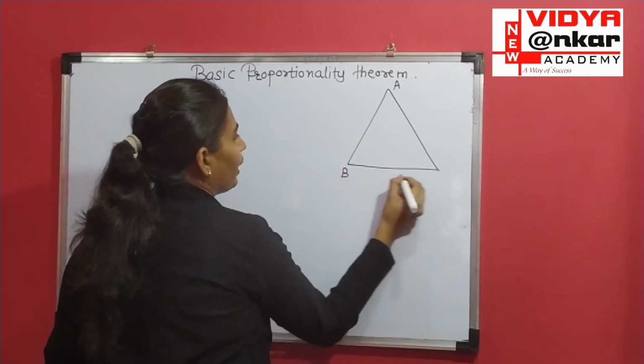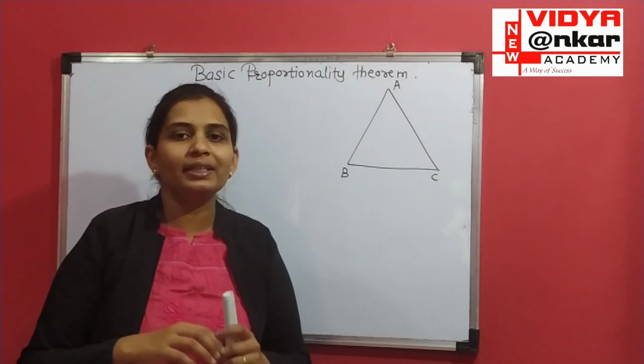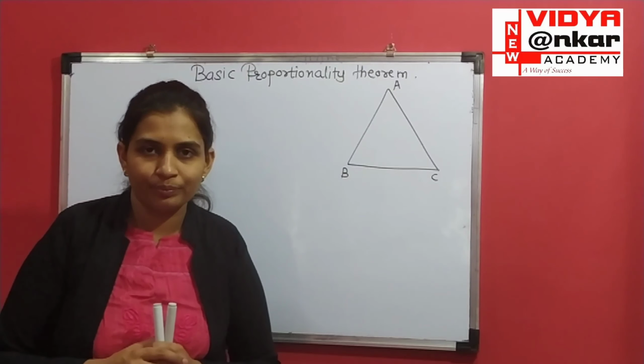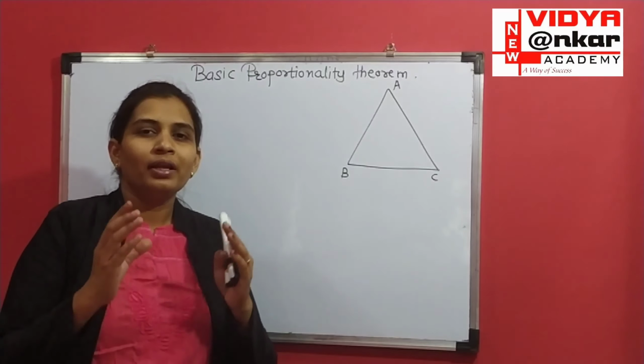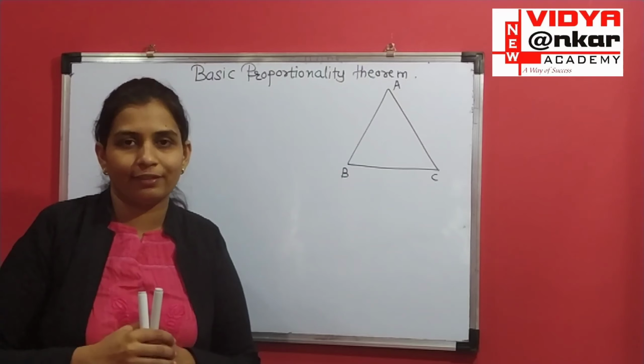This is triangle ABC. Now students, for proving any statement, we must split the statement into two parts. For example, we have studied in 9th standard antecedent and consequent.